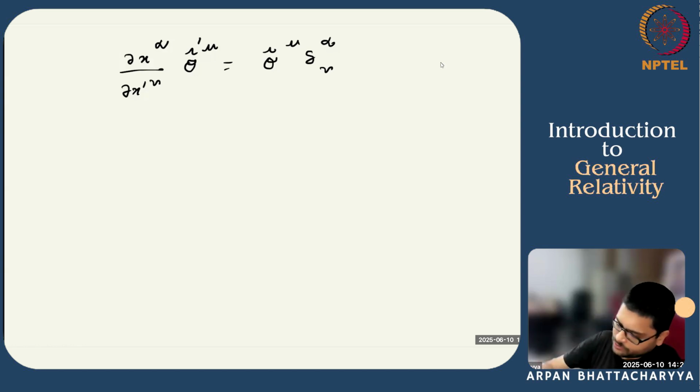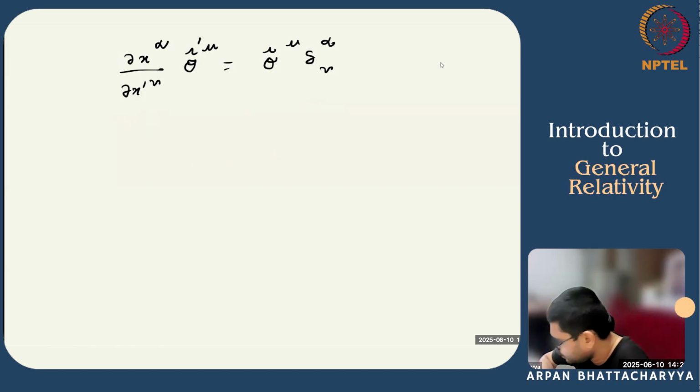So now again we can use some chain rule and invert this relation. So we can bring all these factors of the Jacobian matrices to this side by using the chain rule.